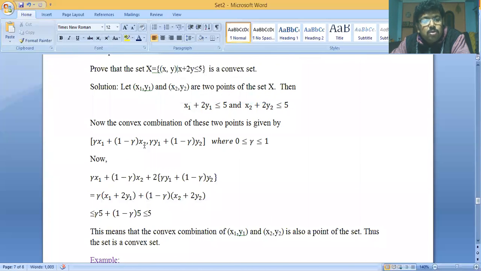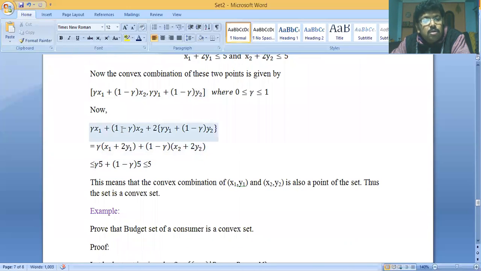So here x1 and 1 minus gamma x2. In the same way, you can find gamma y1 plus 1 minus gamma y2, where the value of gamma is greater than or equal to 0 and less than or equal to 1.